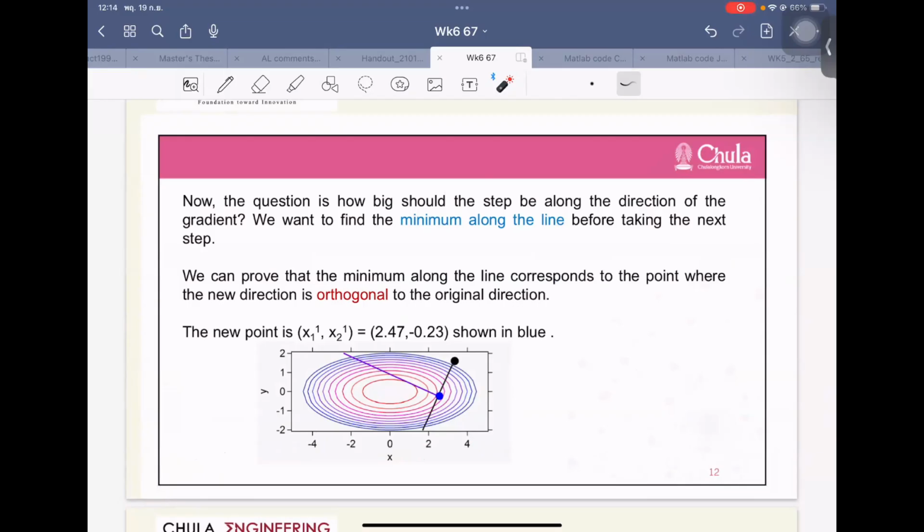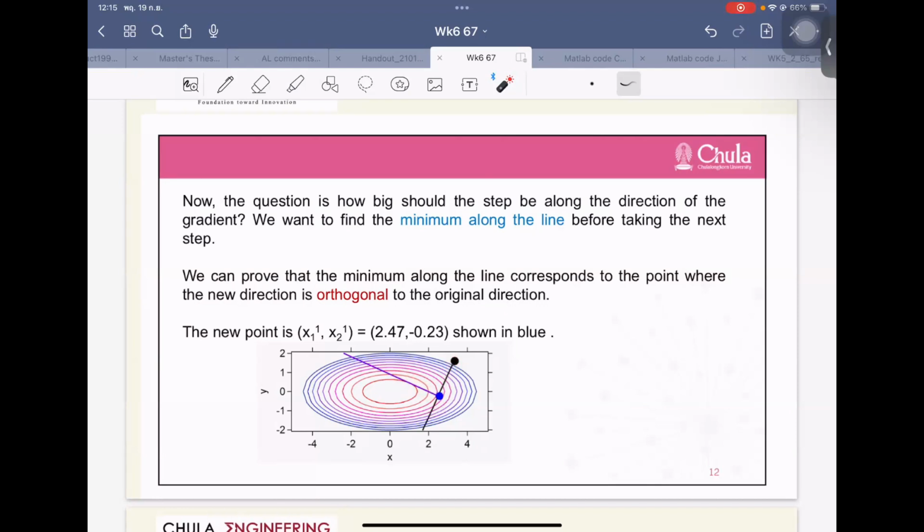We can prove that the stopping point occurs when the negative gradient at this stop point is perpendicular to the current search direction. This new search direction is perpendicular to the current search direction.